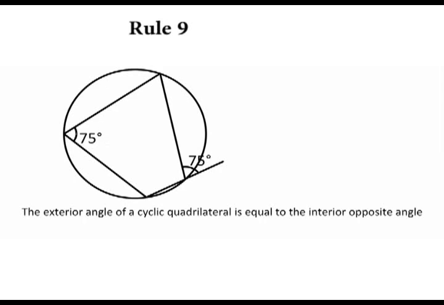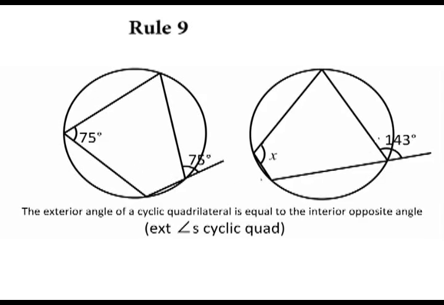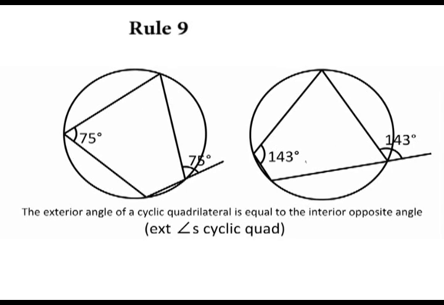You can write that in shorthand as exterior angles of a cyclic quadrilateral. If you look at this question, we have 143 degrees as the exterior angle of this cyclic quadrilateral. It follows that x is also 143 degrees because it is interior opposite to the angle 143 degrees.